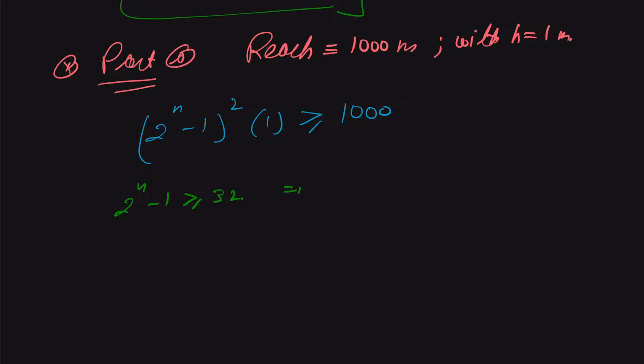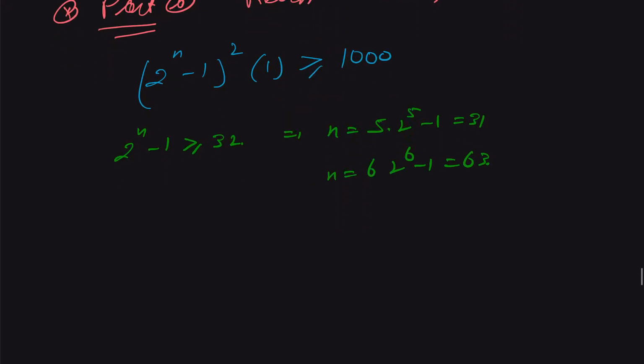So it means if you put the value of n as 5, 2 raised to power 5 minus 1 comes as 31, and when we put n is equal to 6, 2 raised to power 6 minus 1, this comes as 63. Okay, so we can say that the number of balls is close to 6.